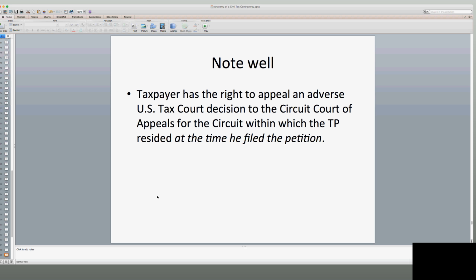And as we discussed earlier, the taxpayer does have the right to appeal an adverse U.S. Tax Court decision to the Circuit Court of Appeals for the circuit within which the taxpayer resided at the time he filed the petition.